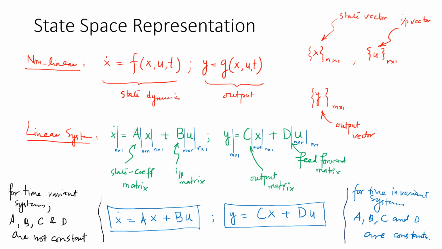So this is going to change with time, so it is a time varying system. And for time invariant systems, just like the spring mass damper system, the spring and the damping coefficient and the mass remain constant whenever you move it. So that is one simple example of time invariant systems. So kindly keep a note of that.